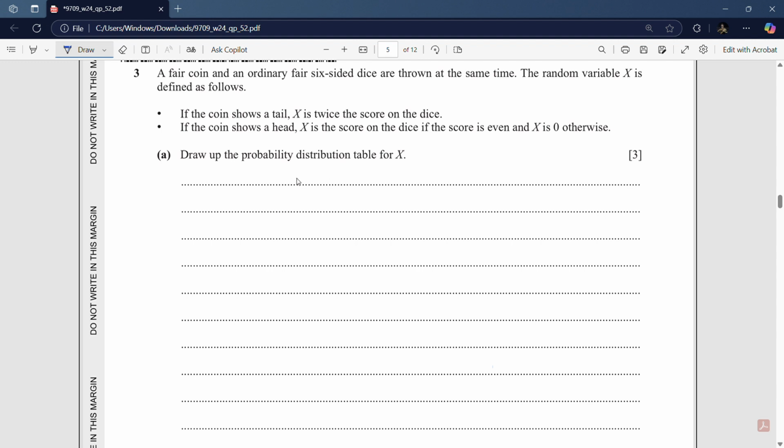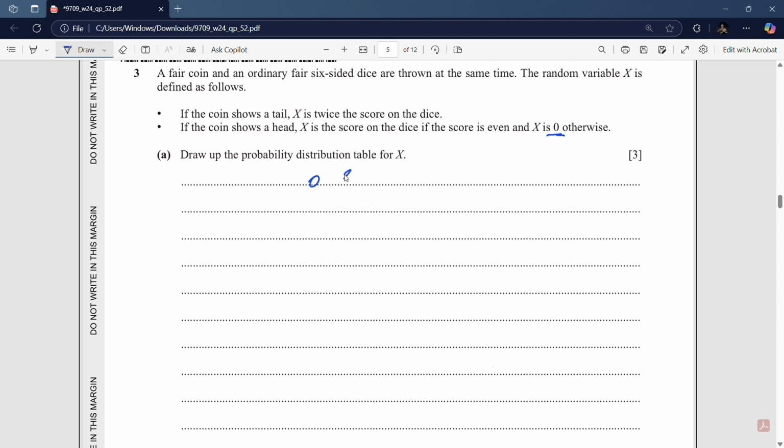So first we should find the possible values of x. So it will be 0 first if it shows a head and an odd number. It can't be 1 because if it shows a tail and the score on the dice is 1, it will be multiplied, so we get 2, and if it shows 1 after a head, it is considered as 0.